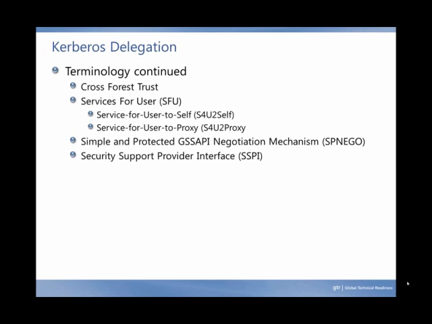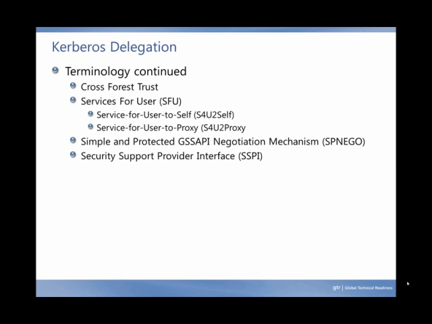Services for user is the collective term for the programmatic interface and behavior introduced in Windows Server 2003, which allows for protocol transition and constrained delegation. Services for user to self allows you to obtain a Windows token for the client by supplying a user principal name without a password. This is typically what is known as protocol transition.